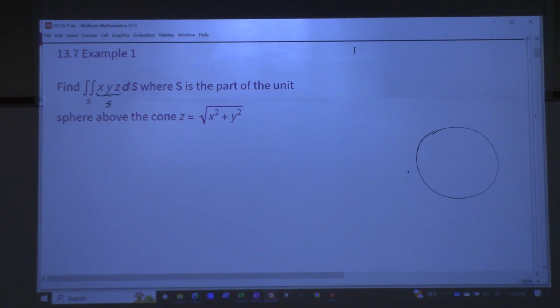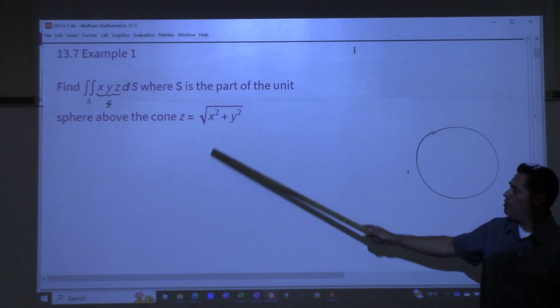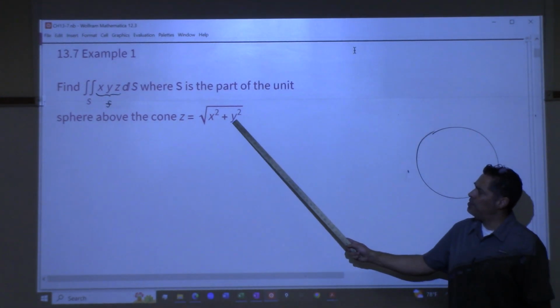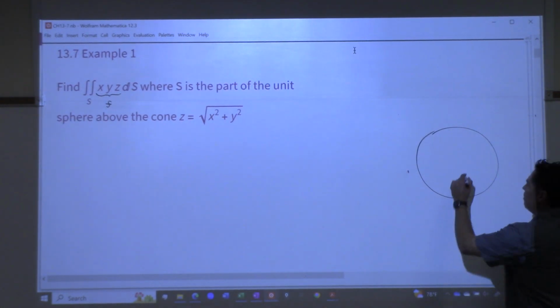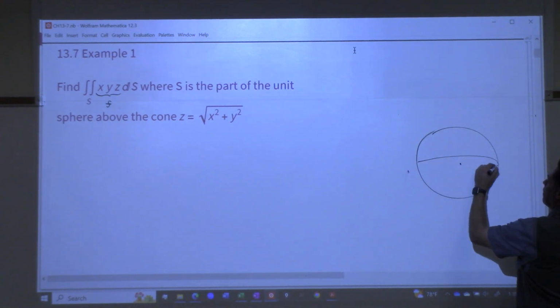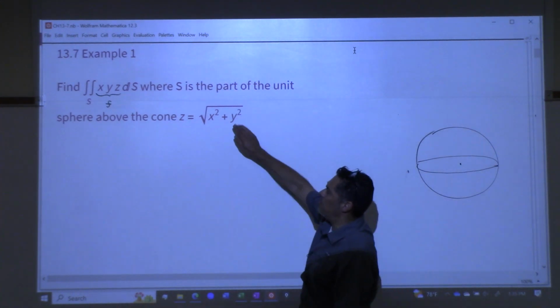And then we have a cone. This cone right here, you have to know what that looks like. All right, so think about it just for a second. If you plug in 0 and 0 for x and y, what's z? 0. Okay, so here's the origin. And then, let's imagine that y is 0, okay?